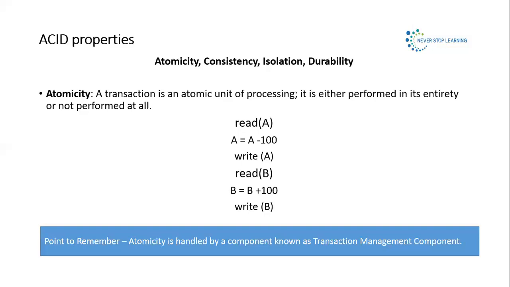So which component ensures atomicity? That component is the transaction management component. And what exactly does atomicity say? It says either all the instructions of any particular transaction will occur, otherwise nothing will happen. So either all or nothing at all. That is the logo of your atomicity. I hope it is clear.